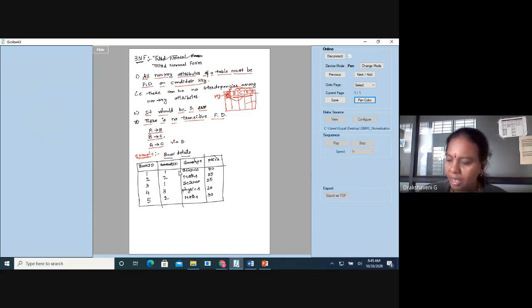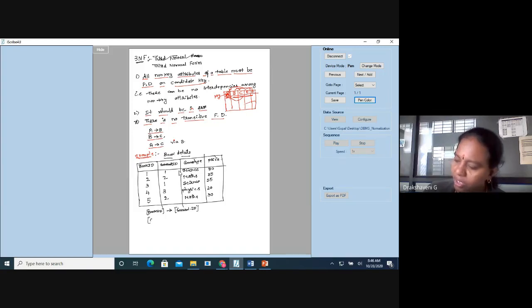So what we should see here is the primary key. Before that, let us see whether this table has transitive dependencies. Now let us see book ID. Book ID is determining genre ID.